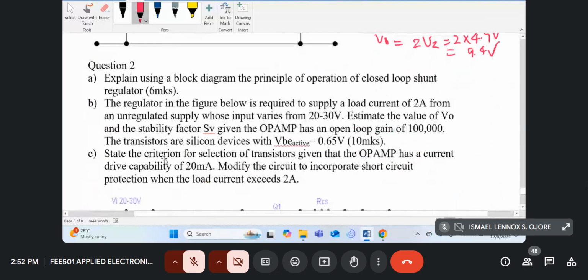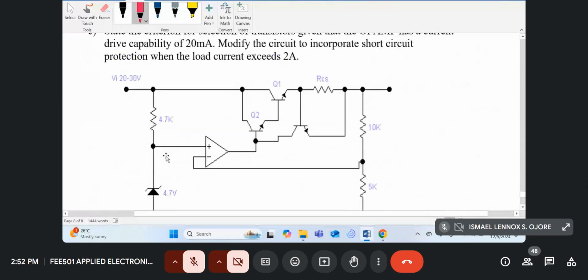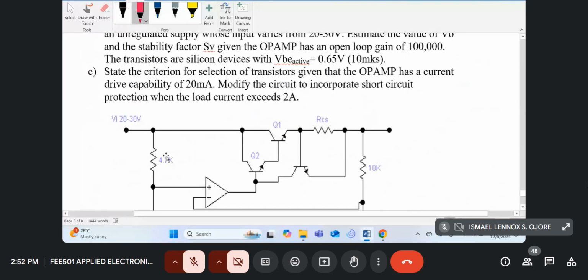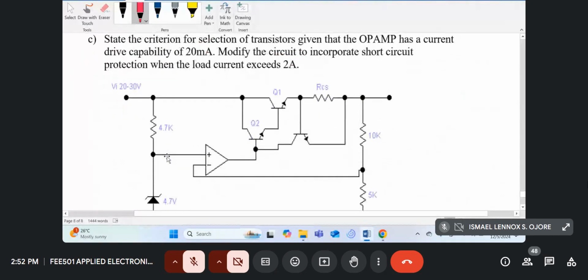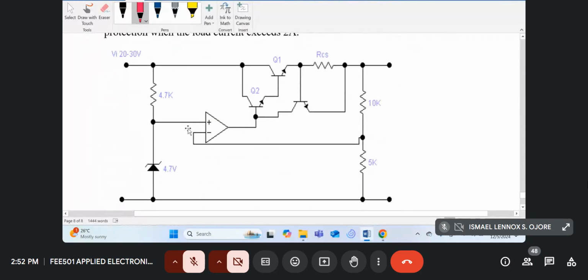Now, let's do this one. This is a slight modification of the circuit that we just designed, which includes this other transistor over here. This transistor is similar to what I showed you in that op-amp, the 745C from National Semiconductor.